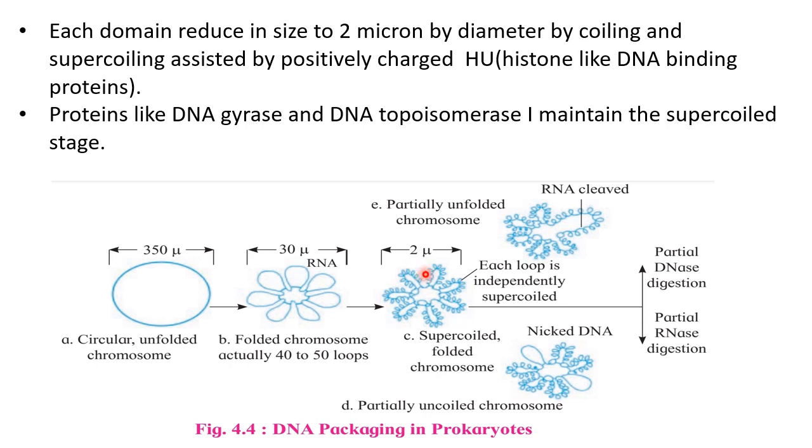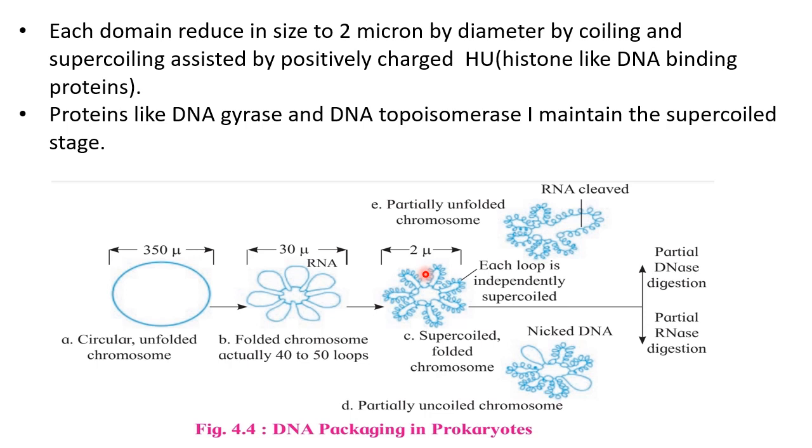So due to the reduction of the size of the chromosome, that is 2 micron, it can easily get adjusted or packed inside the bacterial or prokaryotic cell.